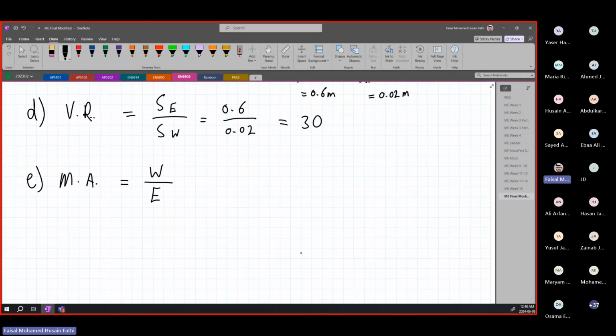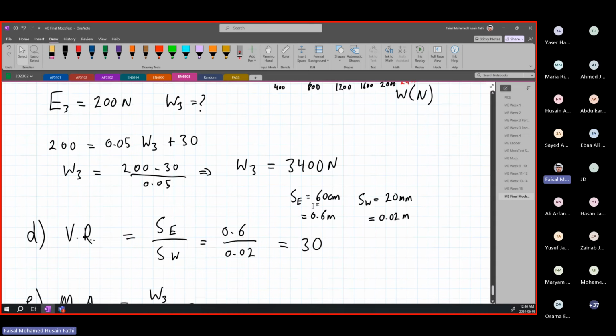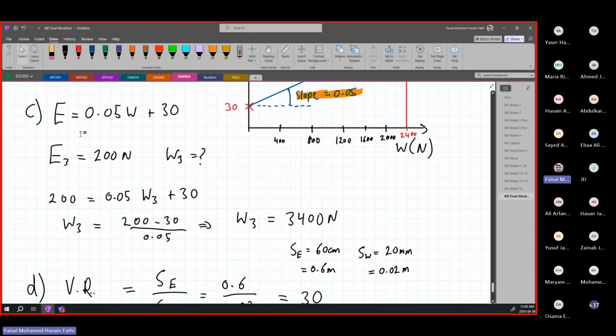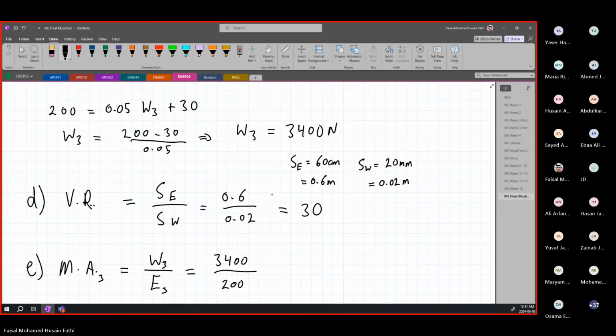So let's call this W3 over E3, the mechanical advantage for 3. W3 is 3,400 newtons over our effort 3, which is 200 newtons. That gives us mechanical advantage 3 equal to 17, and that's how you'll find this ratio.